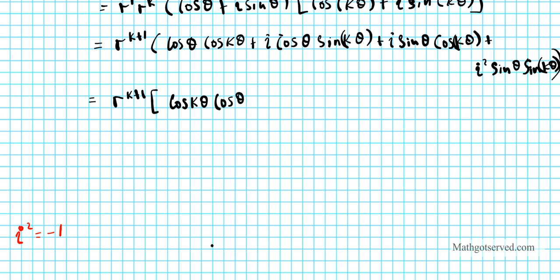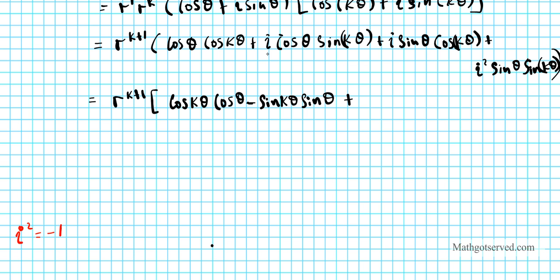So I'm going to replace this positive i squared sine theta sine k theta with negative. This i squared changes the plus to a minus, and using the commutative property, I can reorder this as sine k theta, sine theta. The order doesn't matter when you're multiplying.